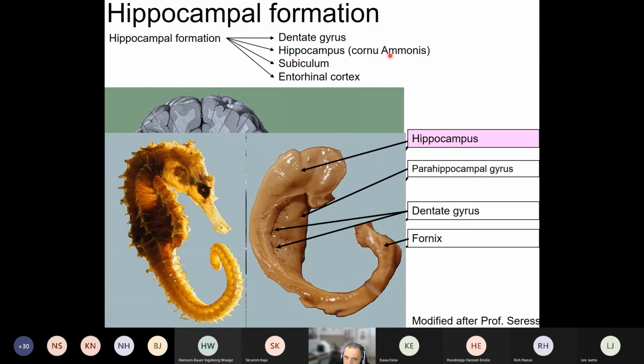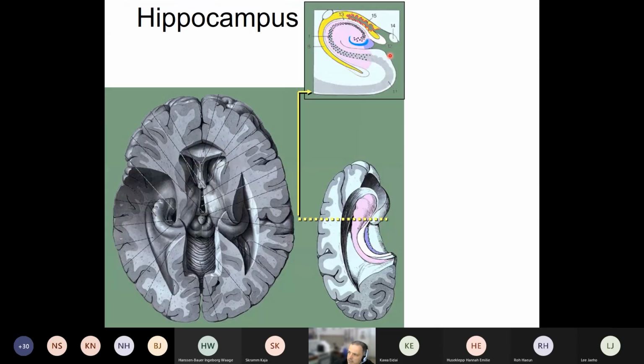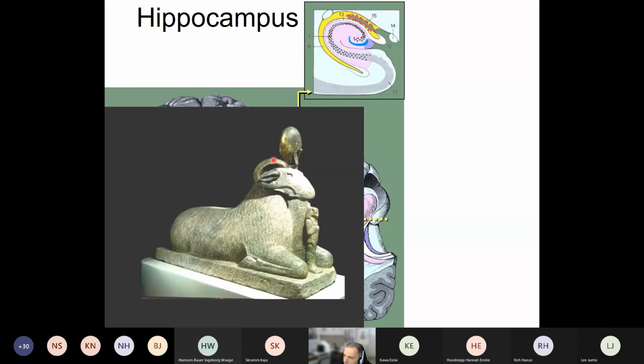This has to be explained also, since if I take the knife and cut a frontal section of the brain, one can see that the hippocampus has this curvy structure. And after cutting it in a frontal plane, it shows some similarities with the horn of a ram.